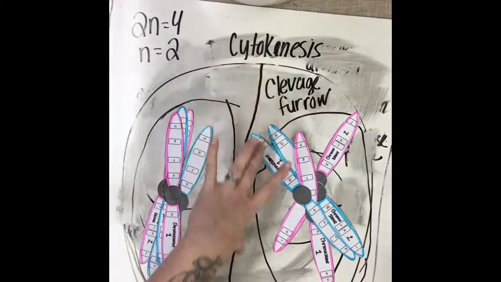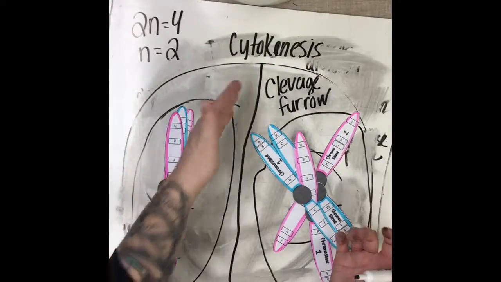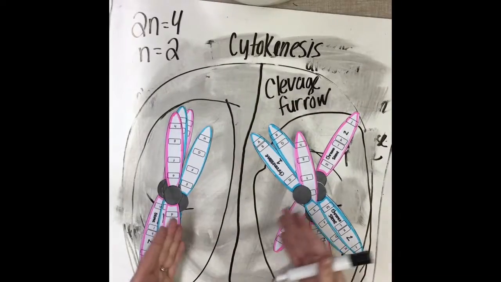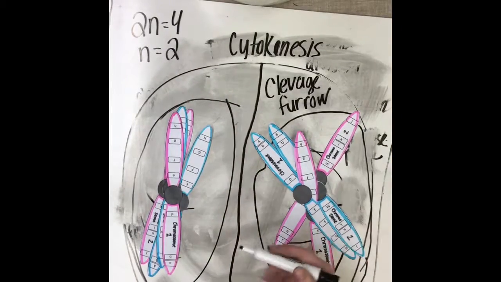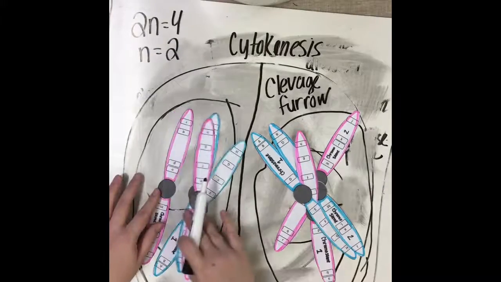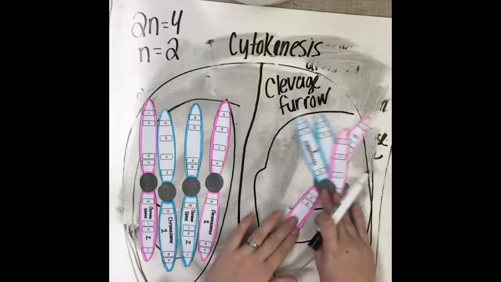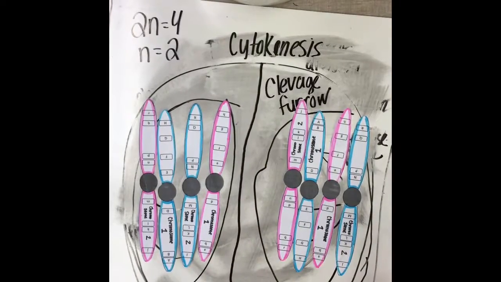That cell membrane is going to pinch in the middle, and in the process of doing that, it's going to divide the cytoplasm, and it's also going to separate all of the organelles that you would find floating in the cytoplasm. And we are left with two identical daughter cells that have the 4 chromosomes that the mother cell started off with.